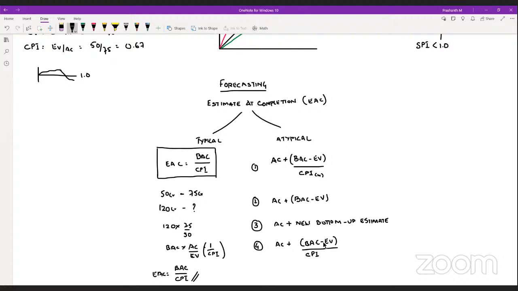Now, along with cost performance, if your schedule performance is also going to impact, then I will use this particular formula. This one is a bit confusing: schedule performance plus cost performance at the bottom. The cost performance index is anyway there. Now, if my schedule performance is also going to impact my cost for the future work, then we use this.